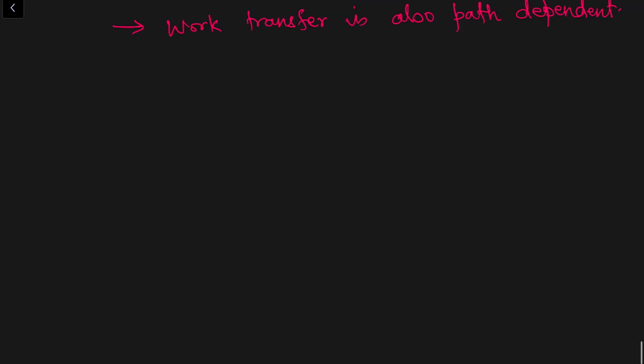So regarding heat and work transfer, we can mention a few properties which are good to keep in mind. For heat and work, both are path functions, so they are dependent on path.